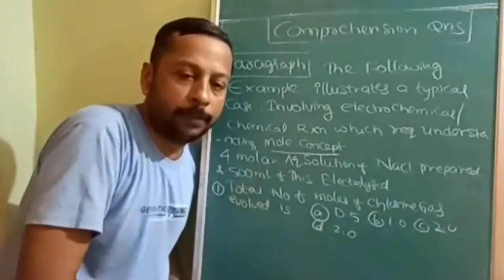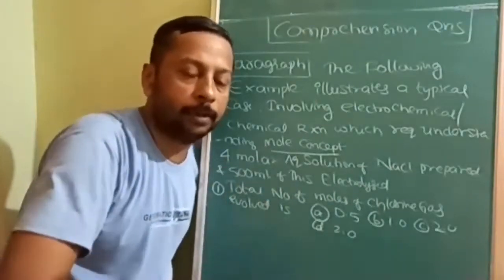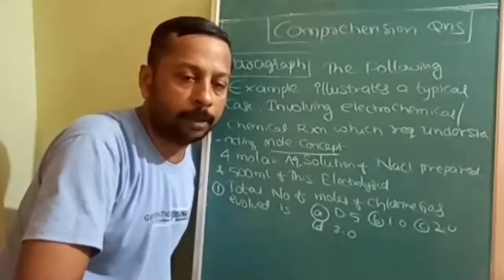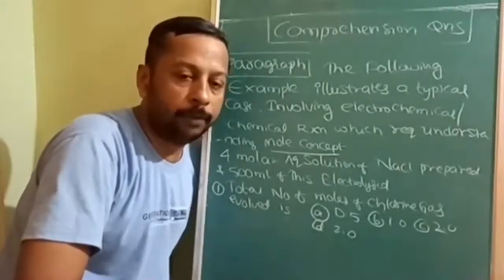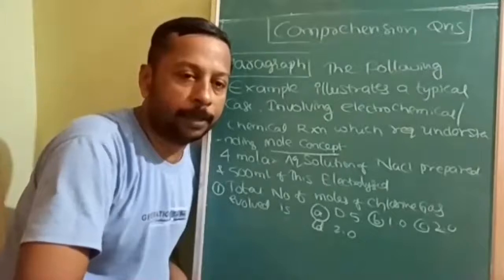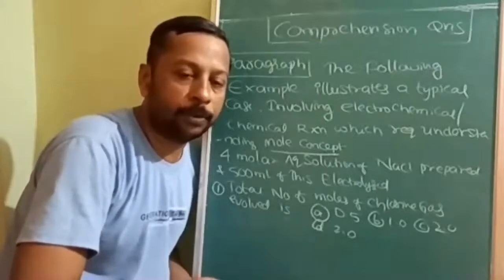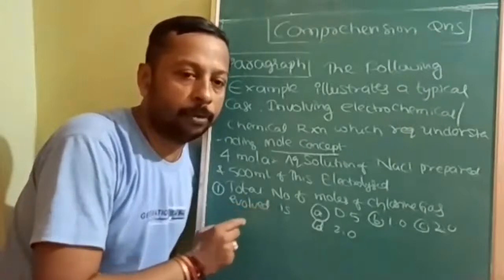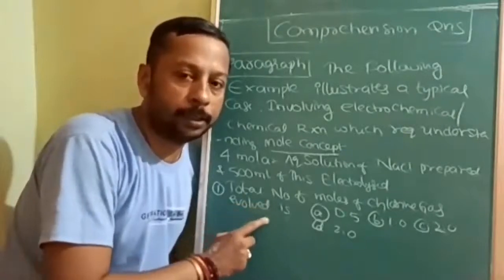All must be aware that on electrolysis of aqueous NaCl, chlorine will be liberated, and on the other side it will be hydrogen. So the first question is: total number of moles of chlorine gas evolved is.